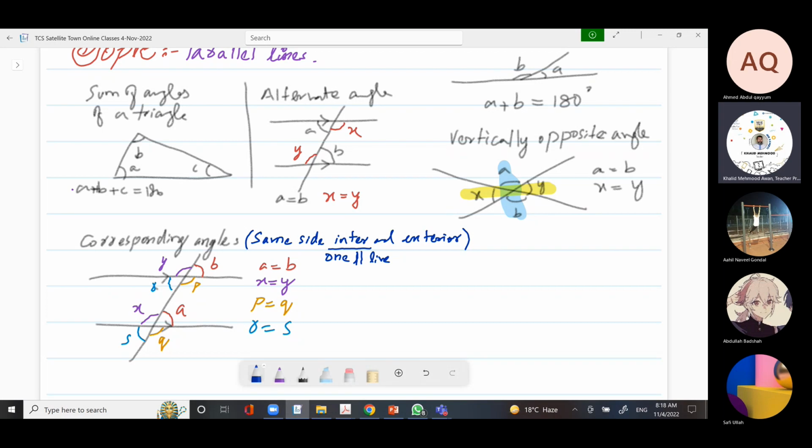We know that this double line means parallel.